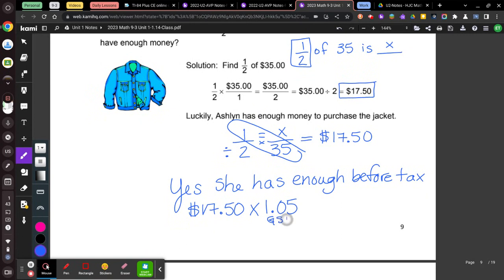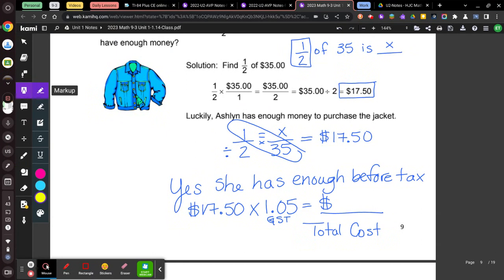That's our GST. That's going to give us total cost. Again, we're multiplying by 1.05 to get our GST added to that number. So we go 17.50 times 1.05.